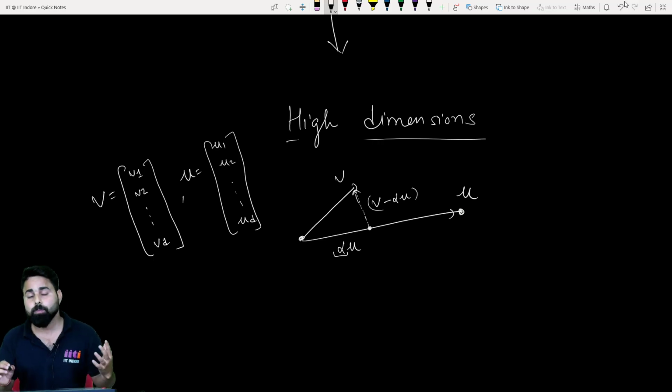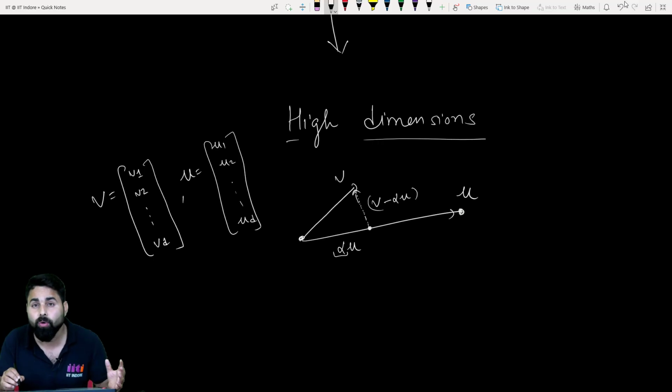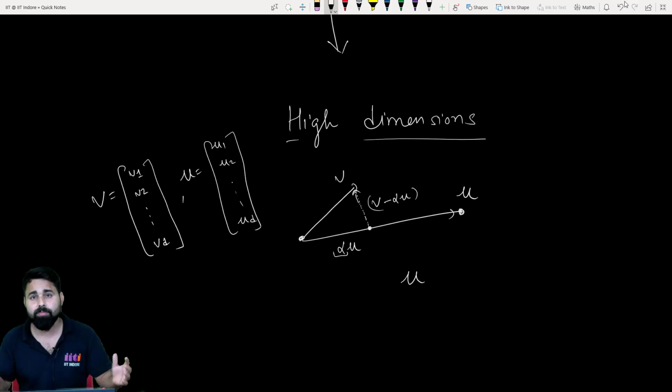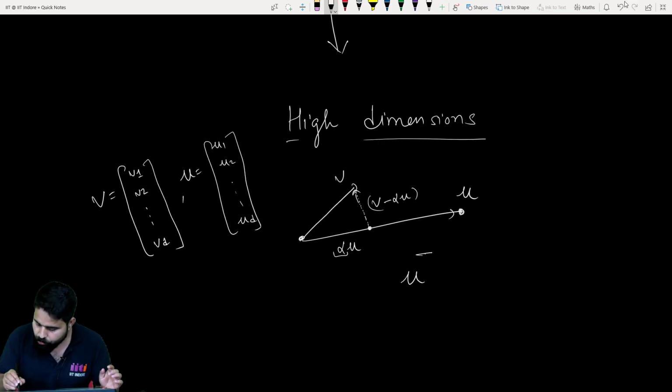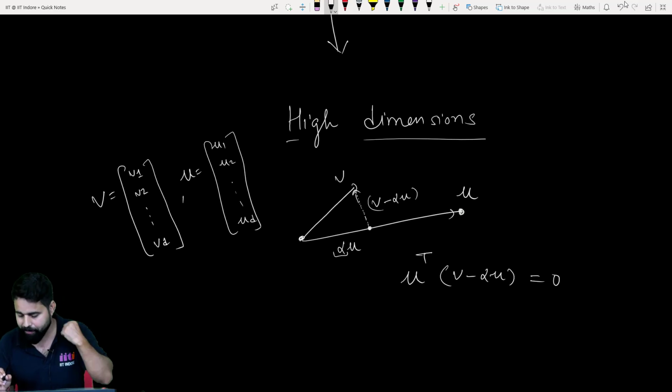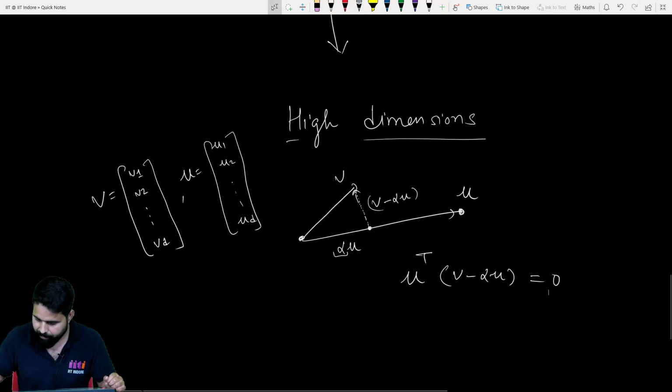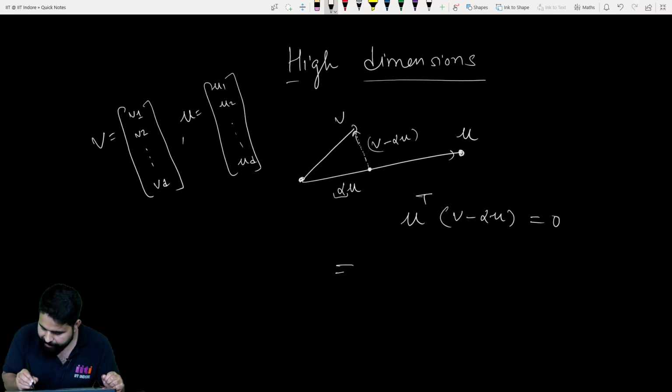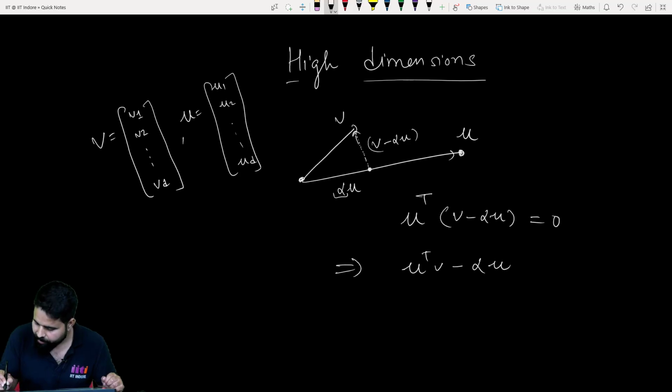Now this vector is orthogonal to u. We know that if two vectors are orthogonal, their dot product is 0. So u transpose (v minus alpha u) equals 0, very basic mathematics, which implies u transpose v minus alpha u transpose u equals 0.